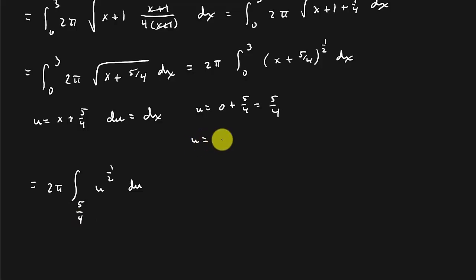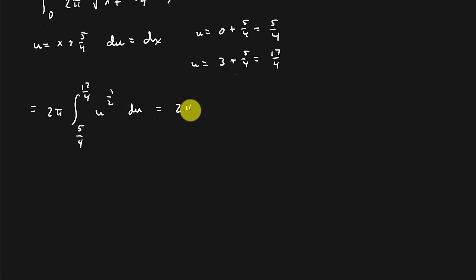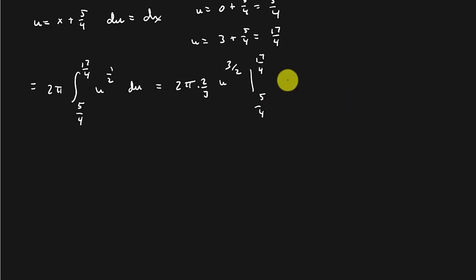And then u equals 3 plus 5/4, which is 17 over 4. And so we're going to get 2 pi times u to the 3/2 multiplied by the reciprocal of your new exponent, evaluated from 5/4 to 17/4. And so that's going to give us 4 pi over 3 u to the 3/2 from 5/4 to 17/4.